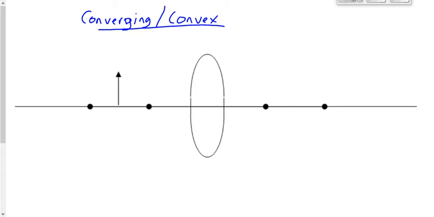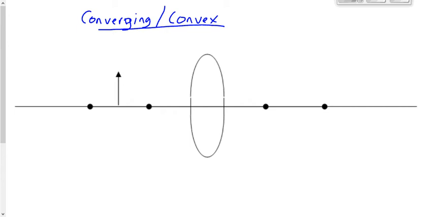But if it's close enough, then the image will be right side up. And we see that as we go through our ray diagrams. If you have a convex lens, the focal length may be different. The shape of it may be a little bit different, but in the end, the same basic properties apply, just in different places, that's all.